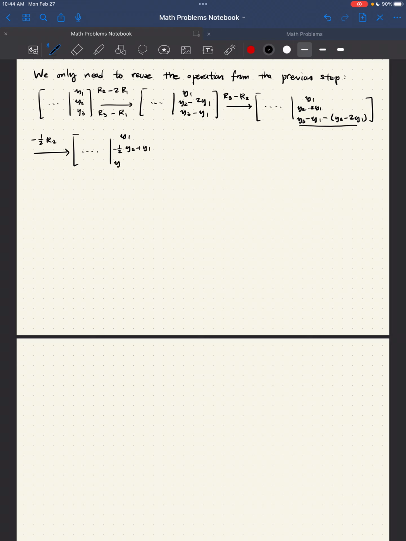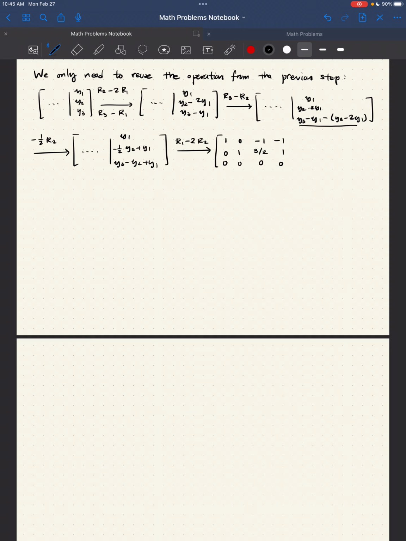So this is just y3 minus y2 plus y1. And an additional step, which is the last one, row 1 minus 2 row 2. And from here, now I'm going to explicitly indicate the matrix that we obtain. So we have 1, 0, -1, -1, 0, 1, 3/2, 1, 0, 0, 0, 0.